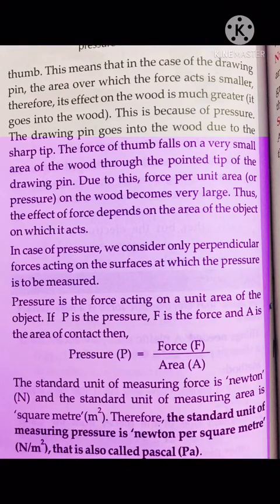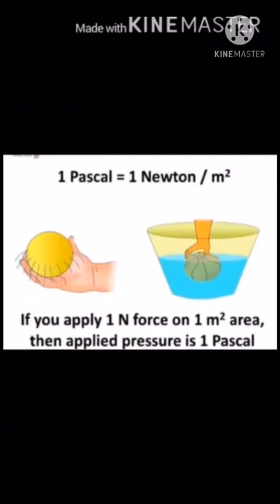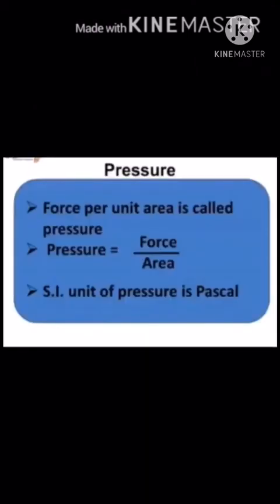That is Newton per meter square, and this Newton per meter square is called Pascal. SI unit of pressure is Pascal. 1 Pascal is equal to 1 Newton per meter square. If you apply 1 Newton force on 1 meter square area, then applied pressure is 1 Pascal.